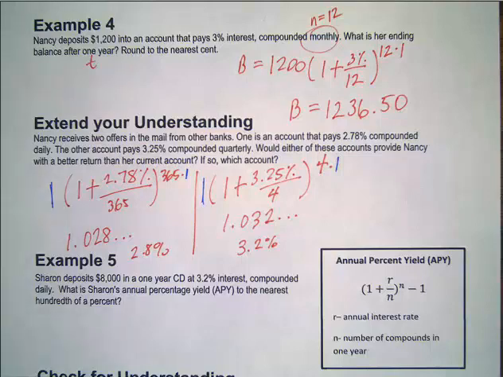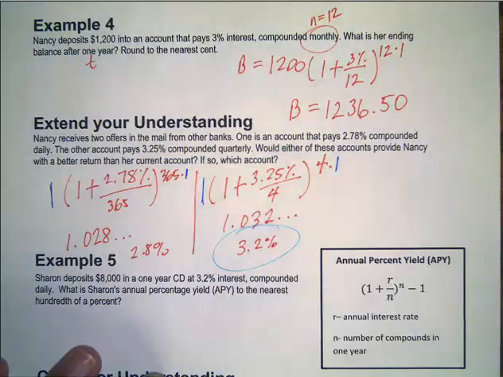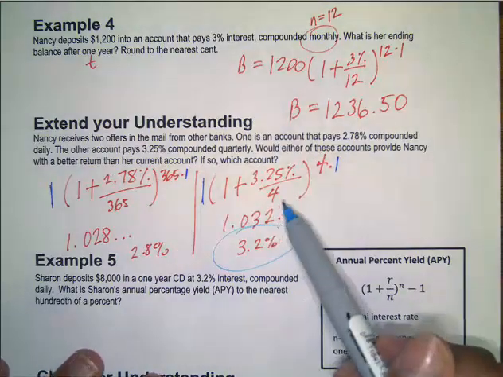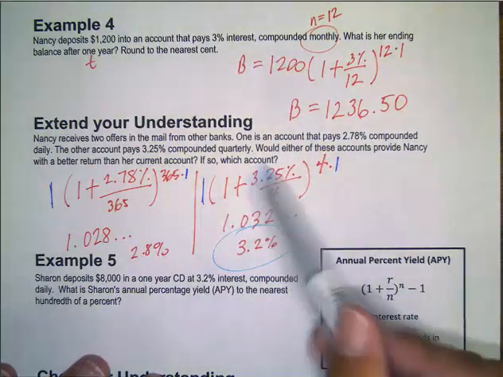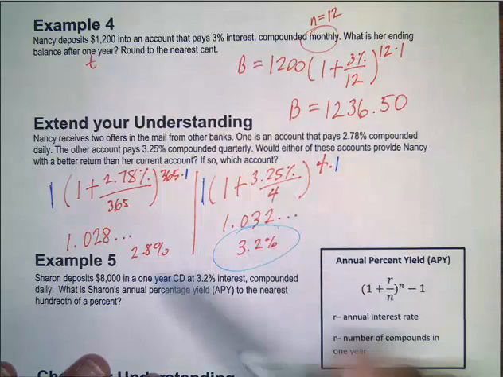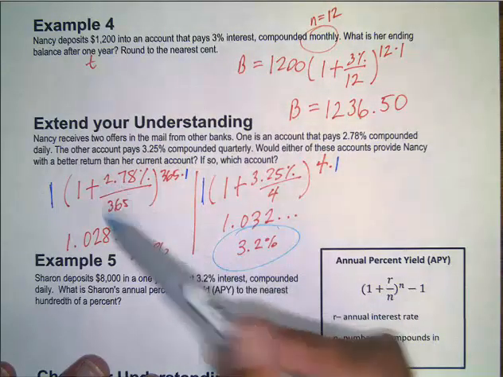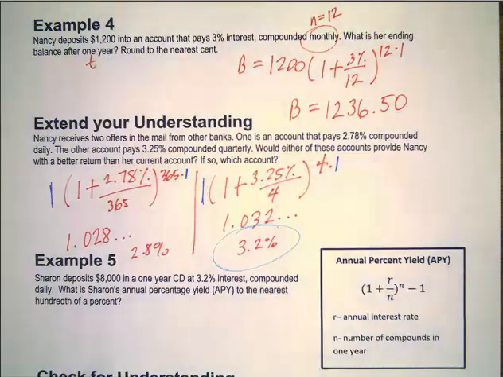So I could compare with the same principals and the same amount of time which one had a better percentage. And we can see 3.2% compounded quarterly, because yes, it's less times, but it's a higher percentage, as opposed to a lower percentage and more times. But it didn't matter. This was a better deal, or the best deal.